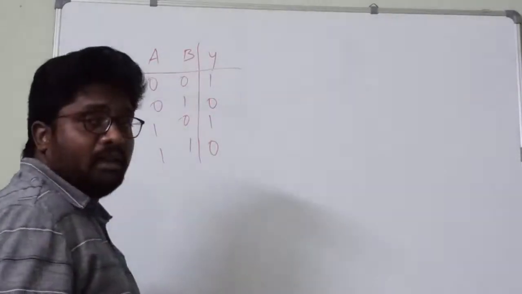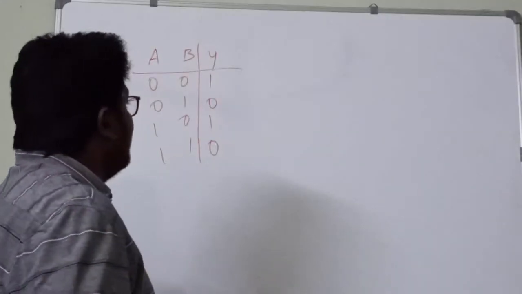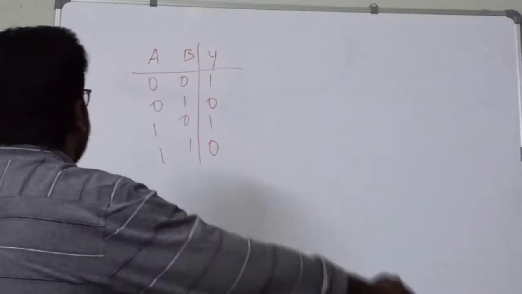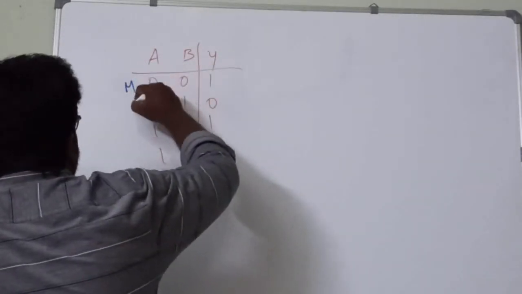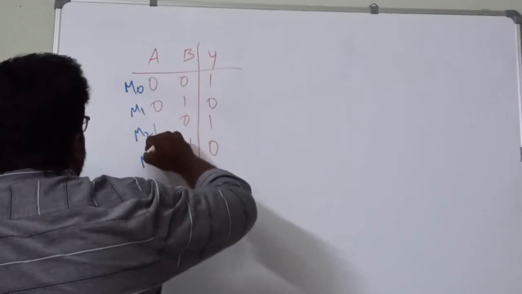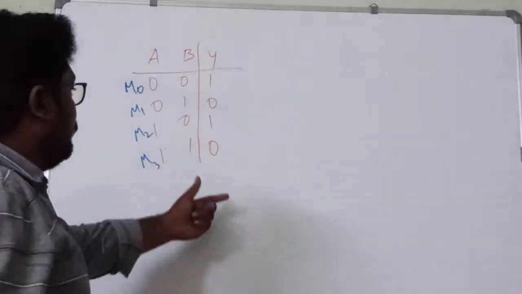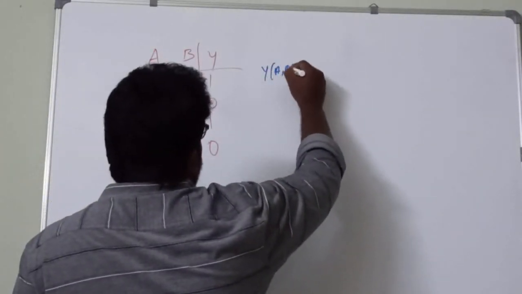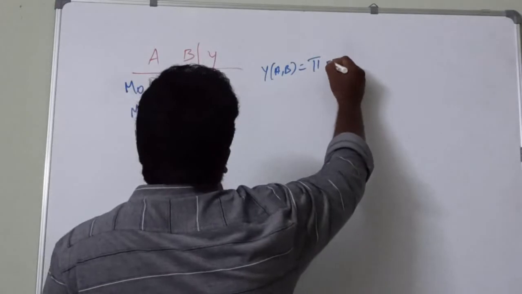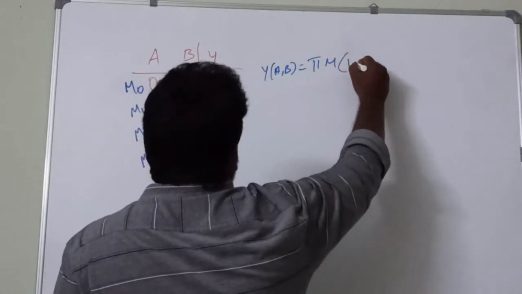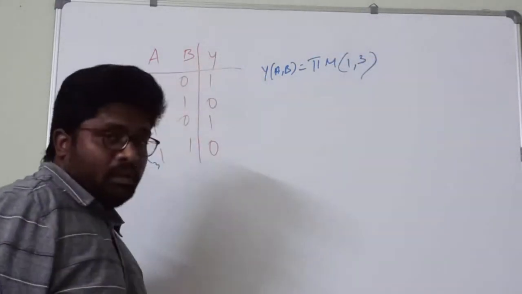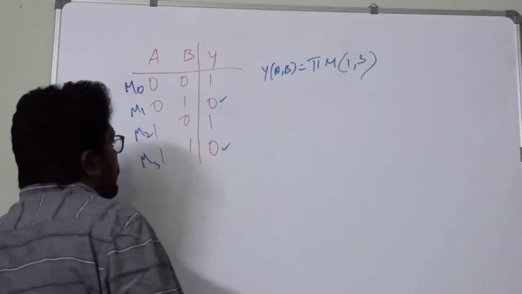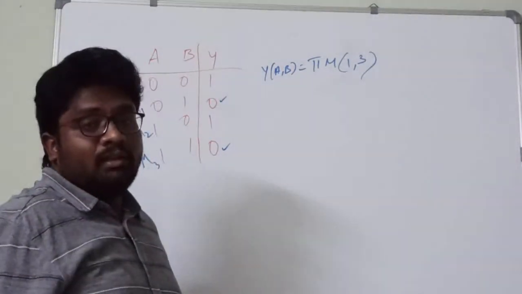So now let us find the max terms for this given truth table. The max terms for this given truth table will be M0, M1, M2 and M3. So the same truth table can also be given as y of A, B is equal to pi capital M 1, 3, as here the outputs for max term 1 and max term 3 are low.